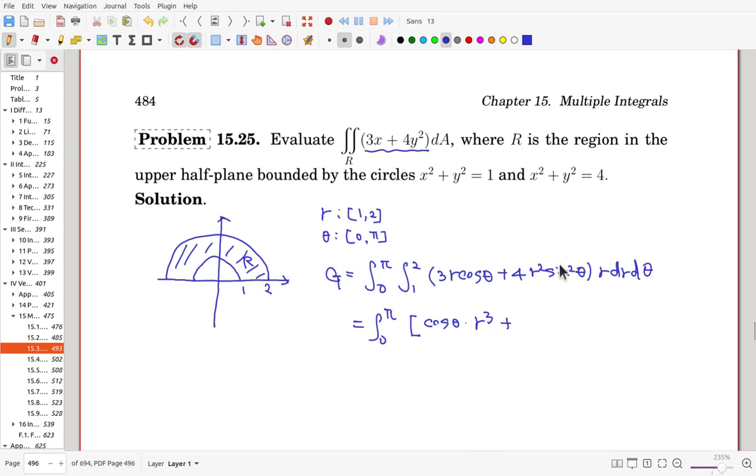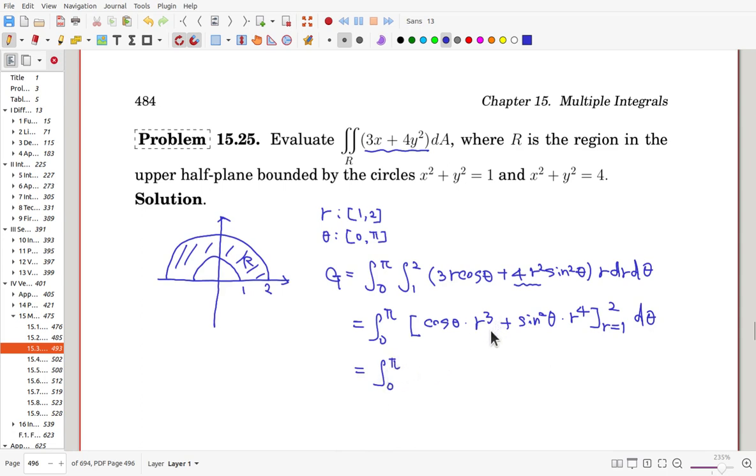And plus, now sine squared theta can be considered as a constant, and with r there's 4 r cubed, whose antiderivative is r to the 4. Okay, so yes, r is from 1 to 2, and d theta. Okay. So from here, we can evaluate the value.